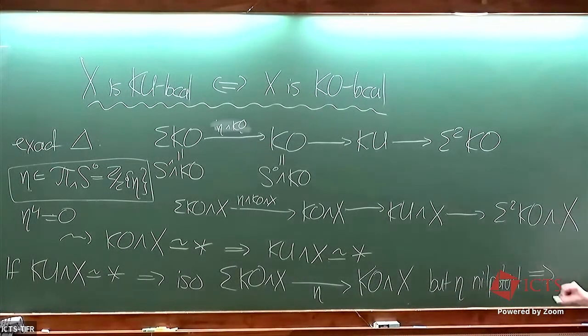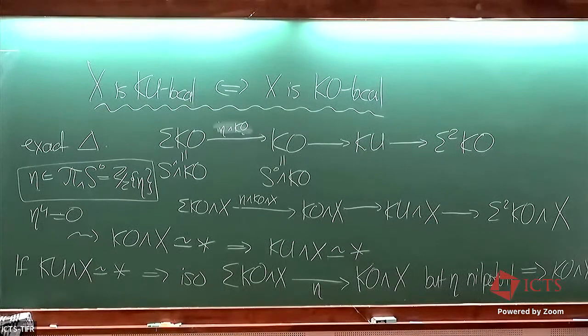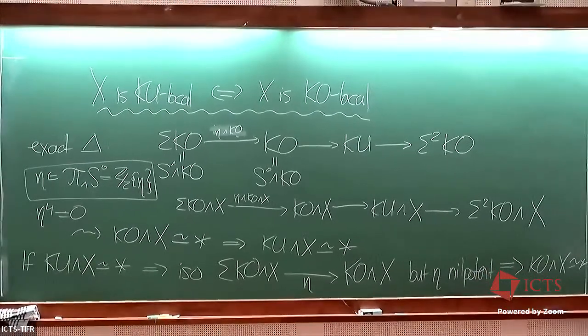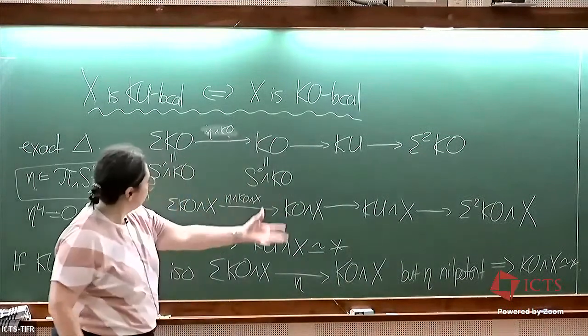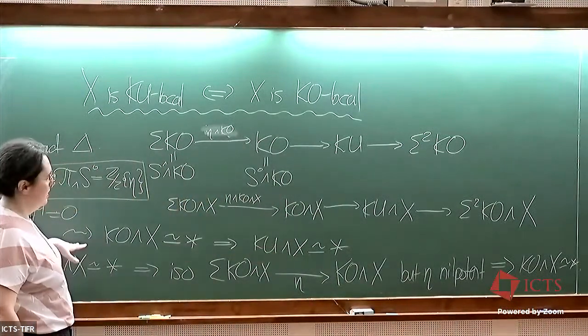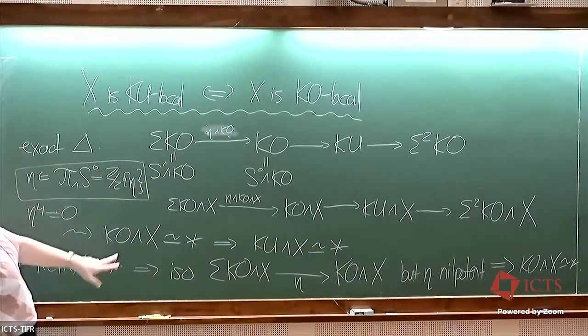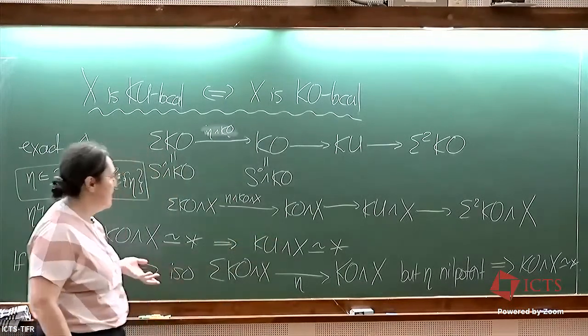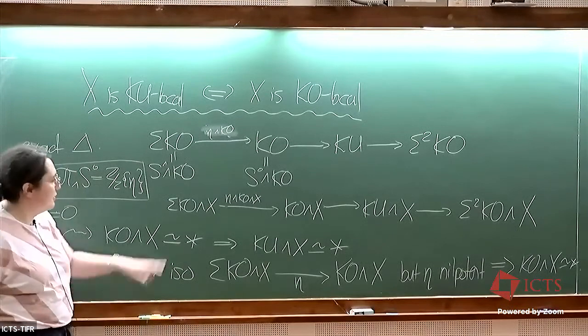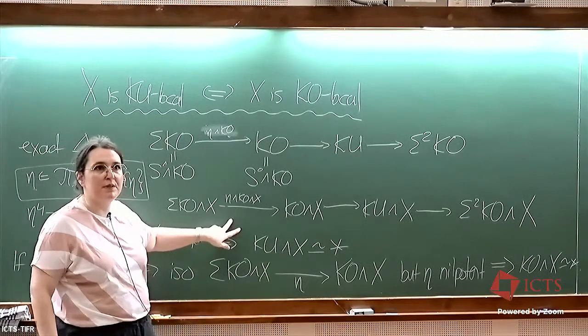So the only chance it can be an isomorphism and nilpotent at the same time is if this one was just trivial. So which way around is it? This one implies this one just follows from the very existence of that exact triangle, and the converse follows from the fact that one knows a bit about this map here.